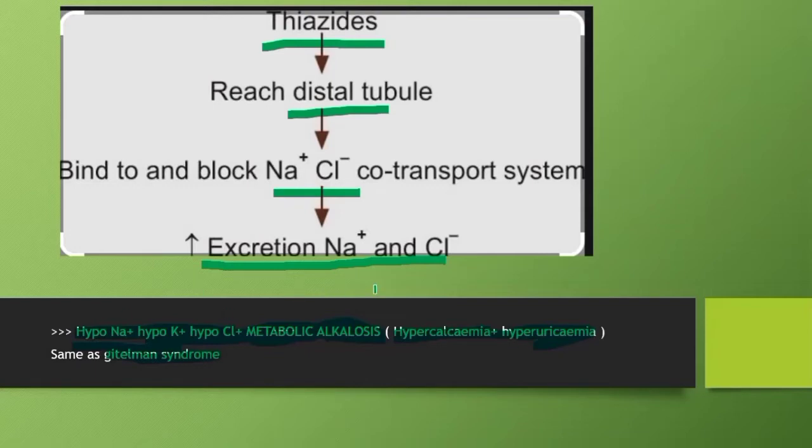So whenever you see this particular blood picture, you have to think of Gitelman syndrome. And now what are the causes of Gitelman syndrome? The cause of Gitelman syndrome is prolonged use of thiazide. So whenever there is prolonged use of thiazide, it is going to show this blood picture, as well as whenever there is Gitelman syndrome, it is going to show this blood picture. This is how the recalls come.